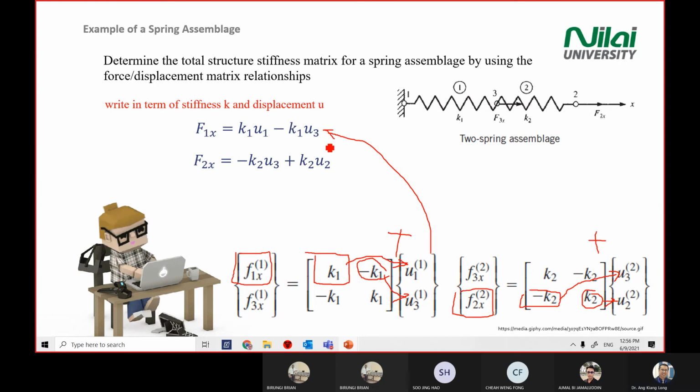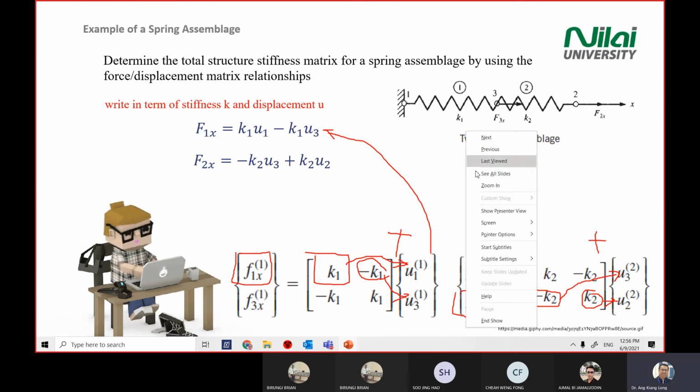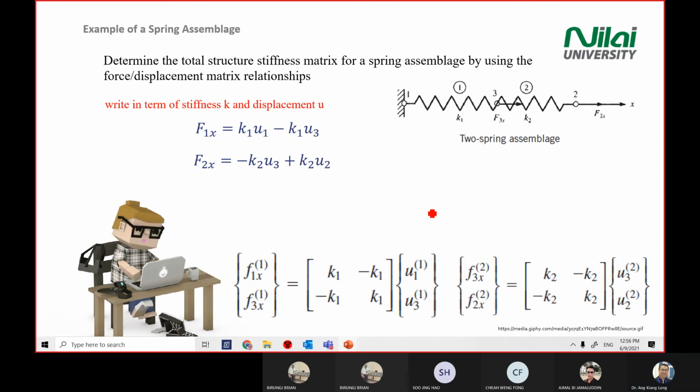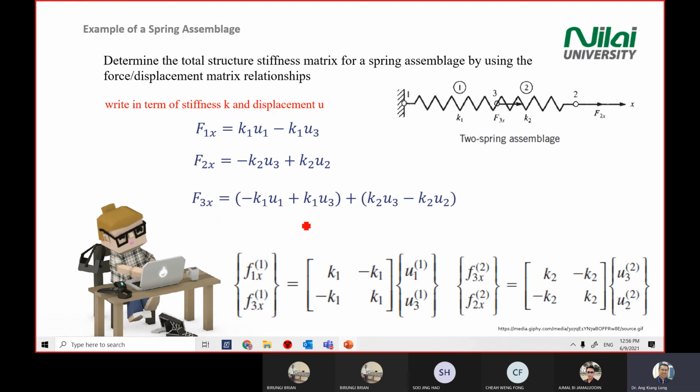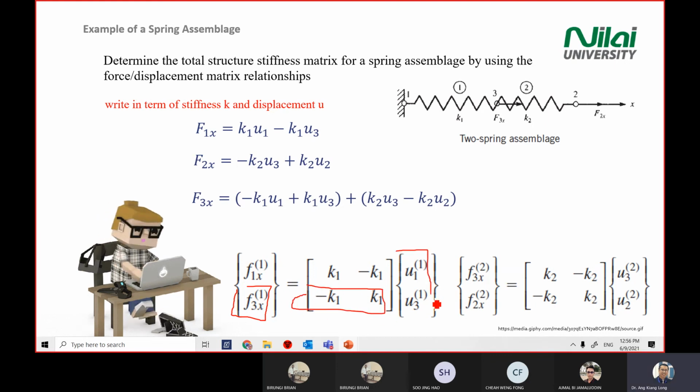Then you get the second equation. f3x is a combination of these equations. f3x equals this row times this column, so you take this one times this one plus this one and this one.